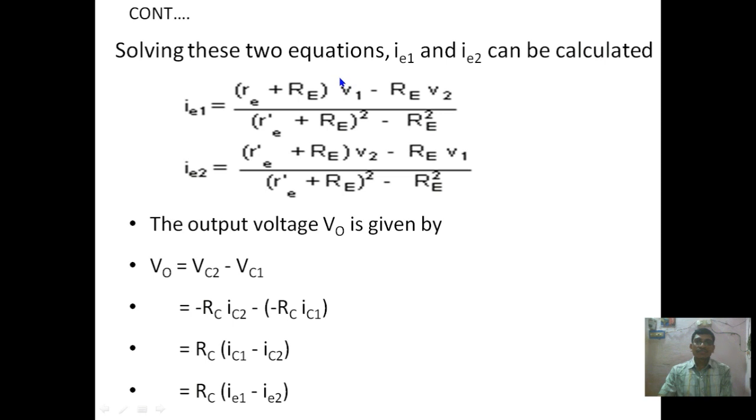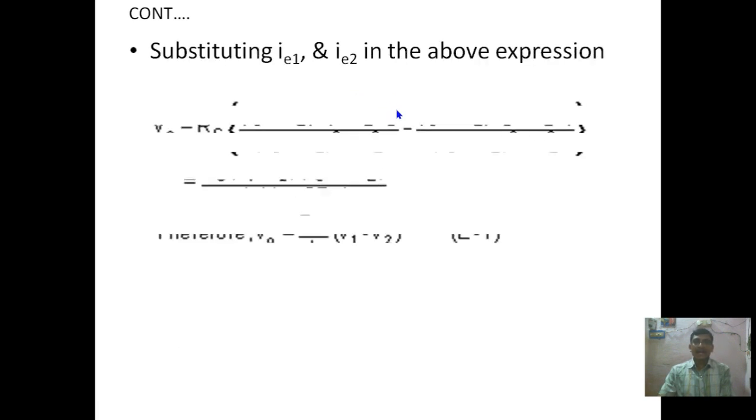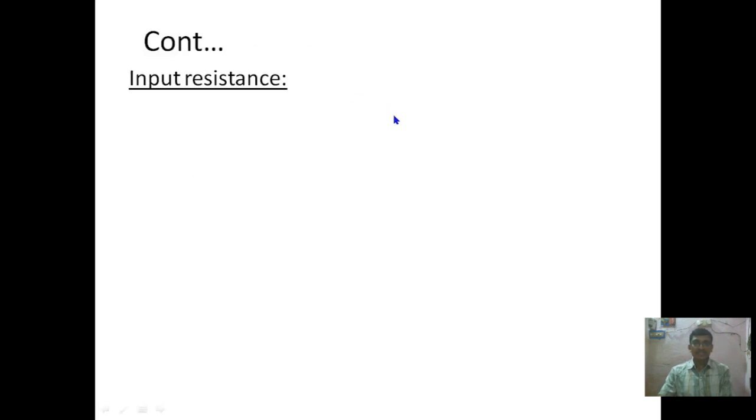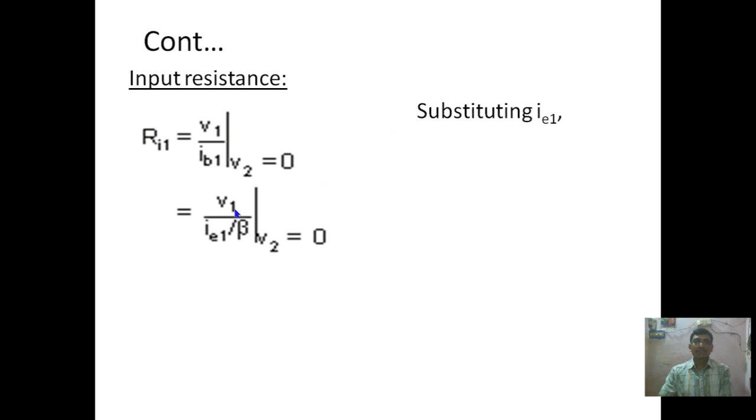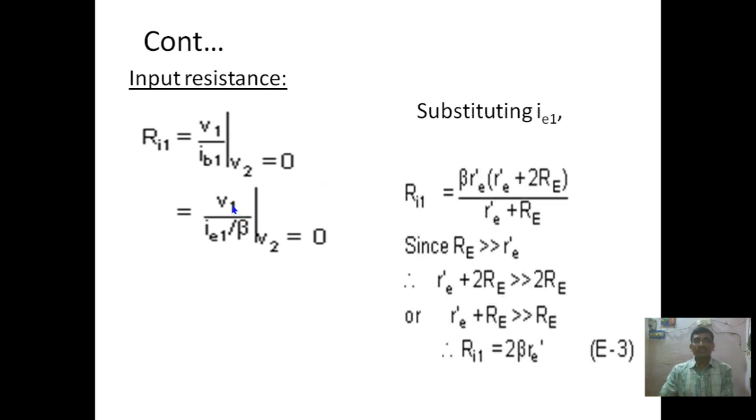This V1 will be cancelled by the expression we already have here. Those two V1s will get cancelled, hence we do not have any V1 term on the right hand side. Therefore, Ri1 is equal to beta times Re dash into Re dash plus 2Re by Re dash plus Re.